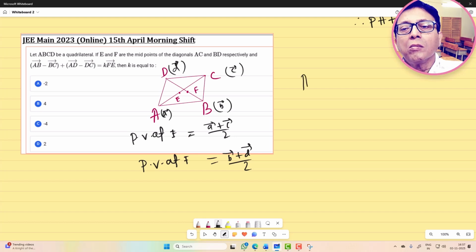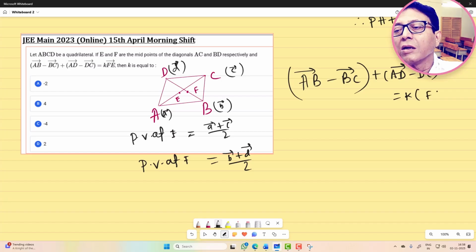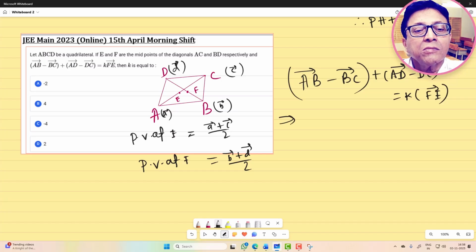Now it is given AB minus BC plus AD minus DC equal to K into FE. Just put their values. AB vector is what? Position vector of B minus position vector of A. Minus BC vector is what?